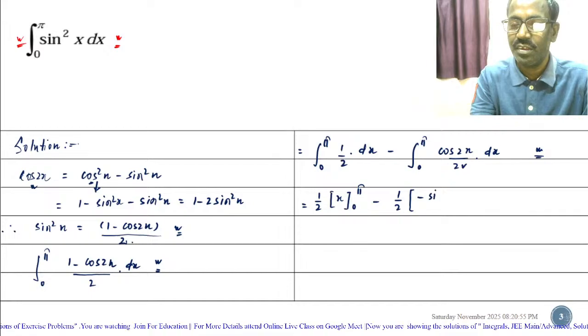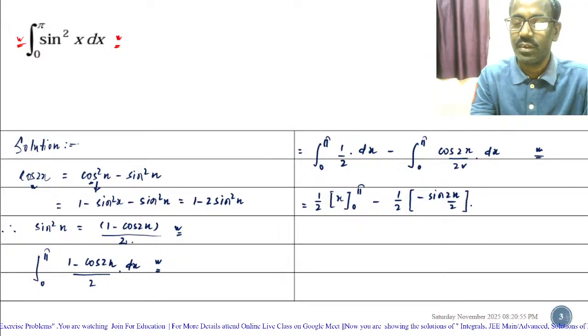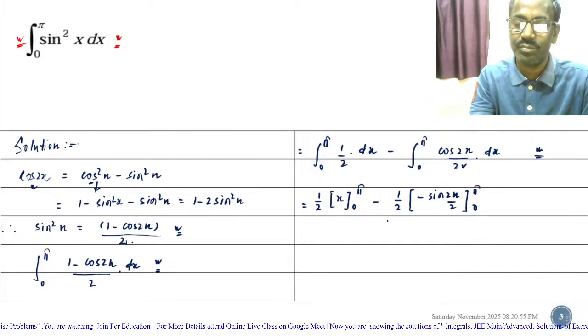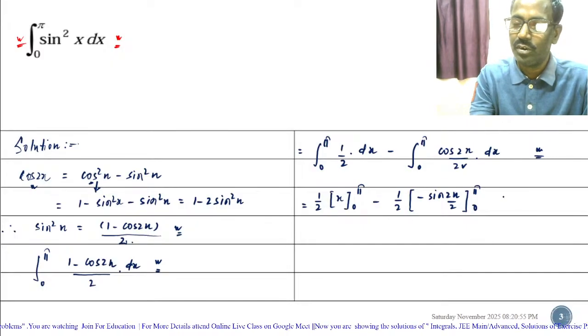Sine 2x by 2. Here the higher limit is pi and the lower limit is 0. After that there is no problem up to this step.